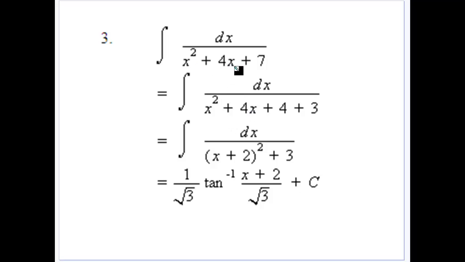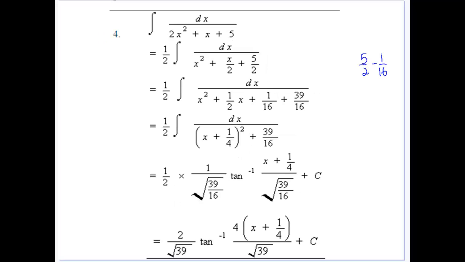If we tried to factorize and get roots of that quadratic, we won't get any, because the discriminant is 16 minus 4 times 1 times 7, which is negative. So we have to manipulate it differently, and we go back to that perfect square. Decompose 7 to 4 plus 3, and that comes to x plus 2 all squared plus 3, which is going to be an inverse tan function.